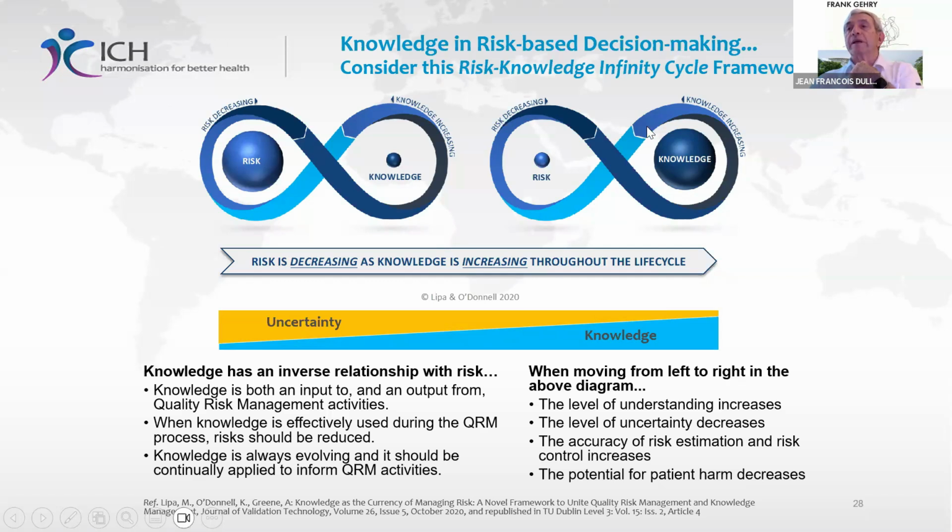And if we increase our knowledge of the process, of the product, of the patient, then we will have less risk. And that means that the formality will be lower for a process with a very high knowledge.